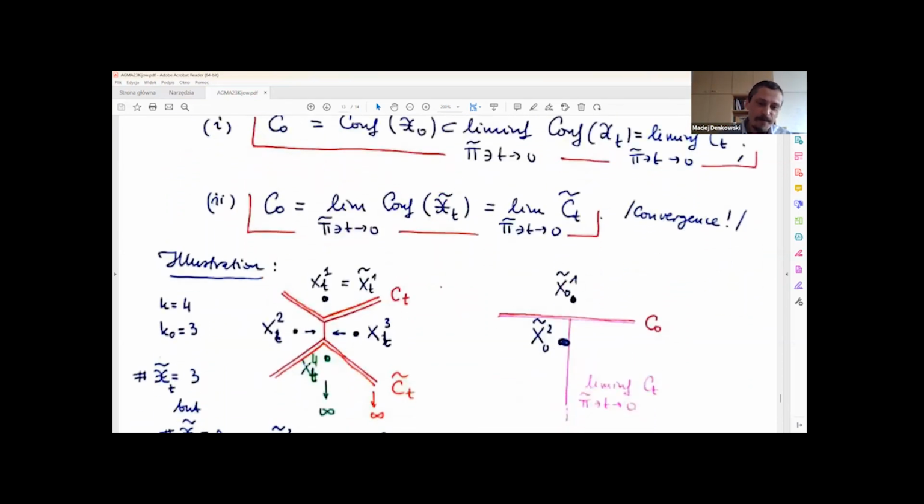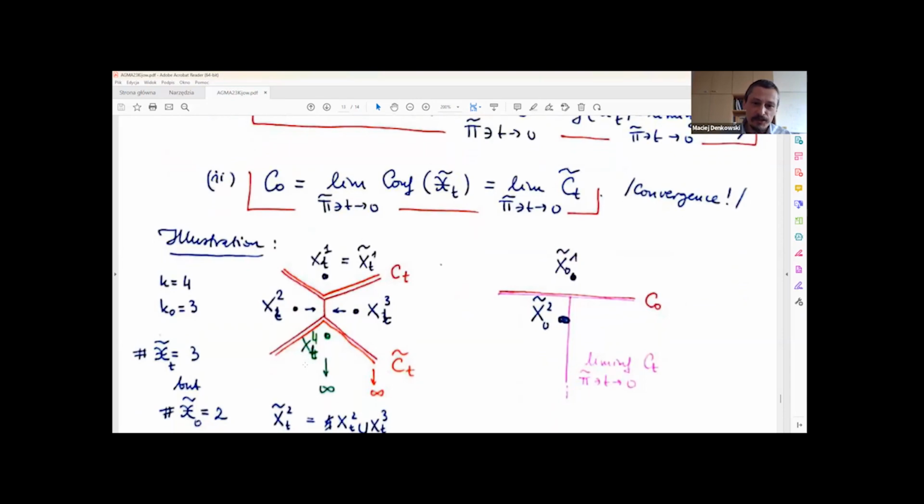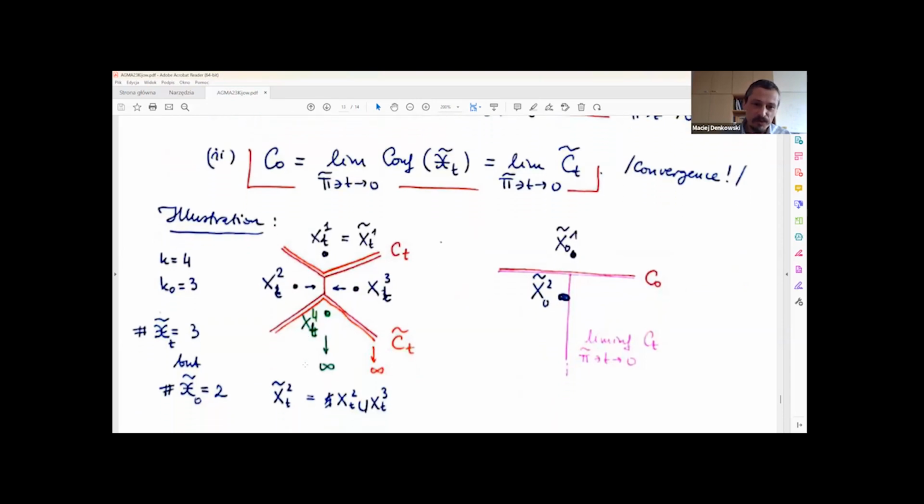So one last illustration that maybe will make things easier to understand. We start from 4 sets. The sets are just points. We have 4 points. This point x1 actually stays fixed, to simplify things.